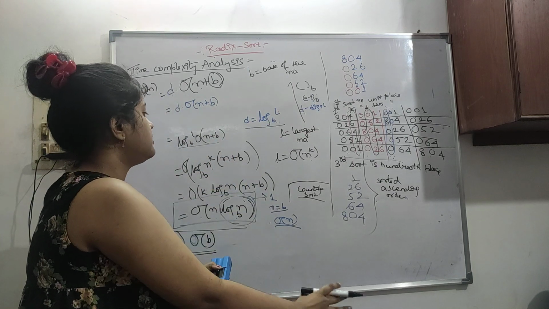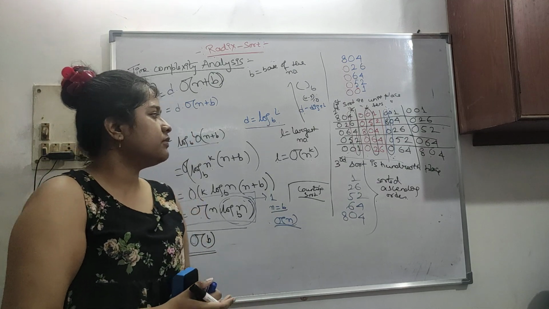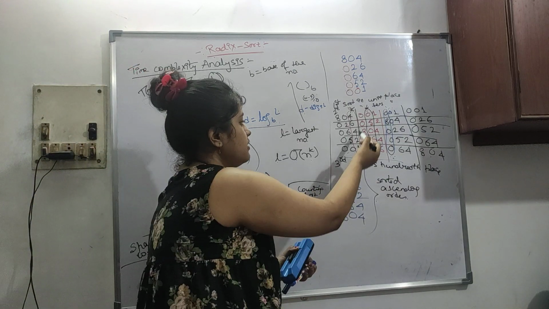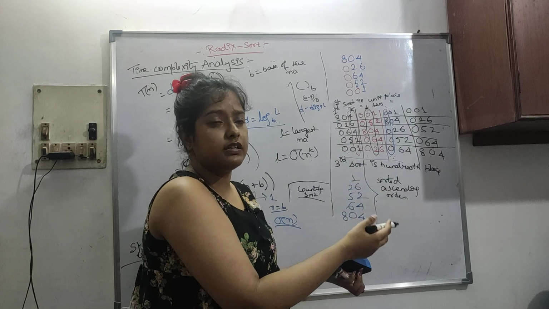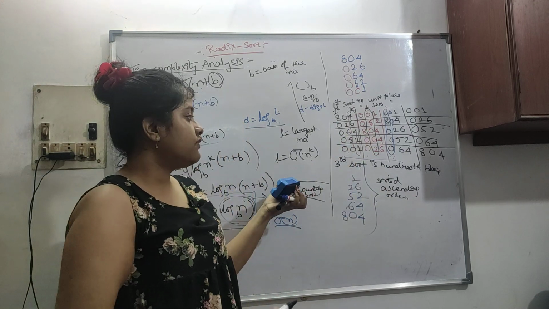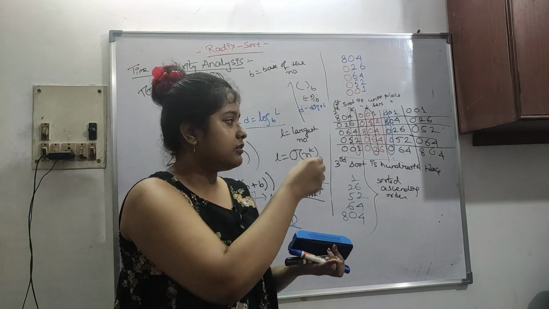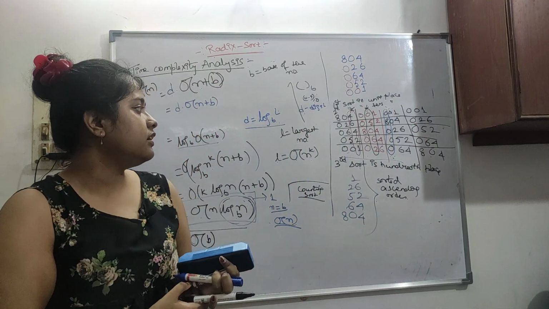I hope this is understandable to you. The only question I think can be asked is: after the first pass or second pass, what will be our sorted order? This kind of question can be asked.